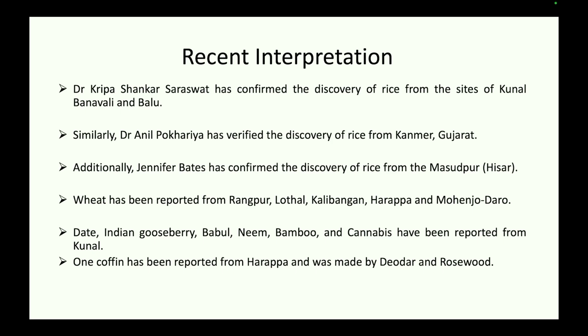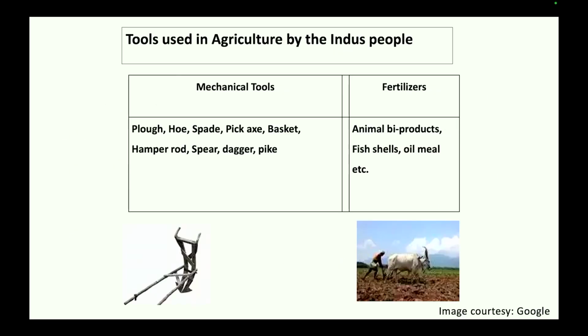Dates, Indian gooseberry, babul, neem, bamboo and cannabis have been reported from Kunal, and one coffin reported from Harappa was made of deodar and rosewood. So these kinds of floral evidence give information regarding the contemporary floral economy or floral ecosystem of that particular climate.